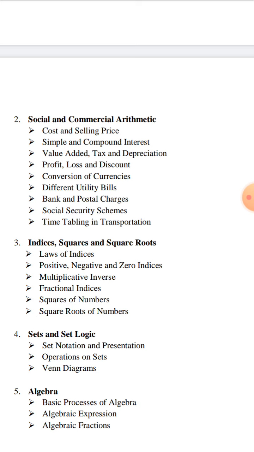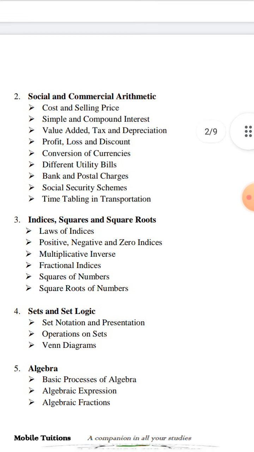Then we also look at profit, loss and discount, conversions of currencies, different utility bills, bank and postal charges, social security schemes, and timetabling in transportation. That is important whether you are a student or not. It would help you on a social as well as commercial aspect, so long as you live in a society or are involved in any kind of transaction or business.